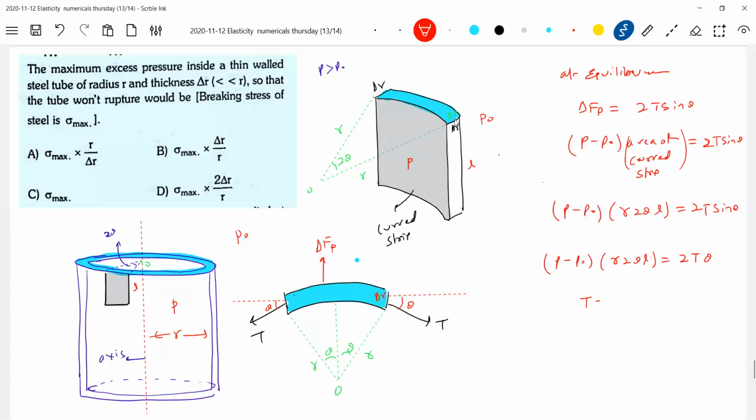So 2 theta gets cancelled, and delta P, which is P minus P naught, is equal to T by RL.